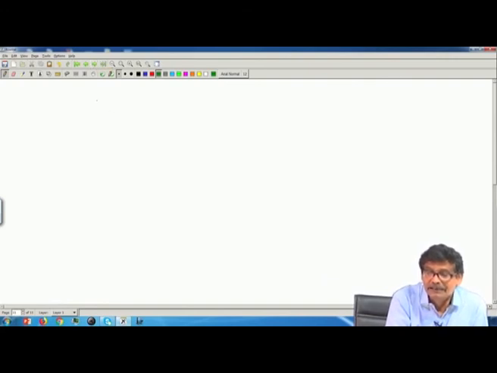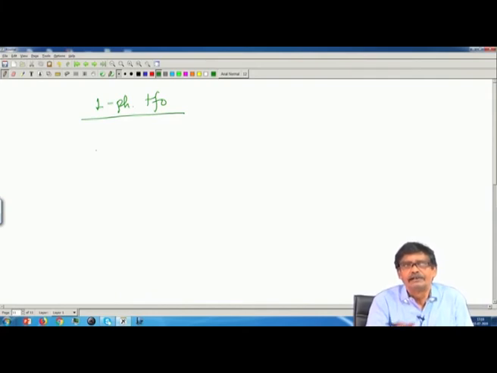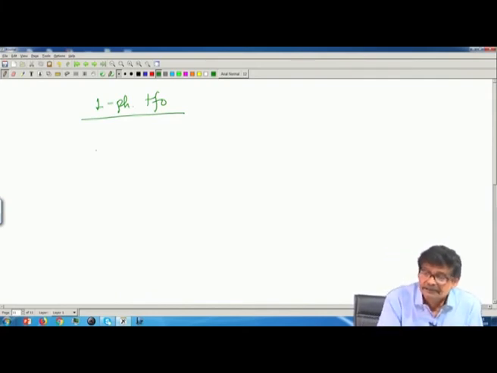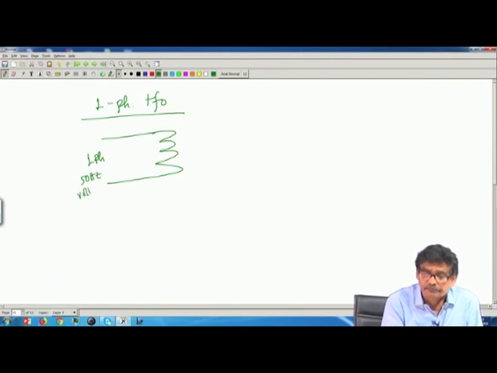So, in single phase transformer, what is the implication of this knowledge, third harmonic flux, third harmonic exciting current etcetera. In single phase transformer, this is the supply you are connecting, single phase 50 hertz voltage source. And this is your secondary.